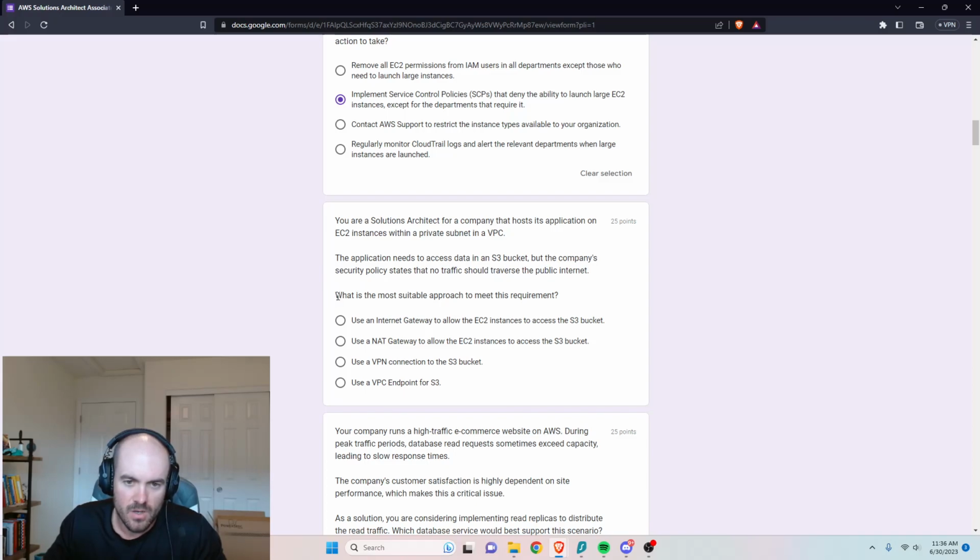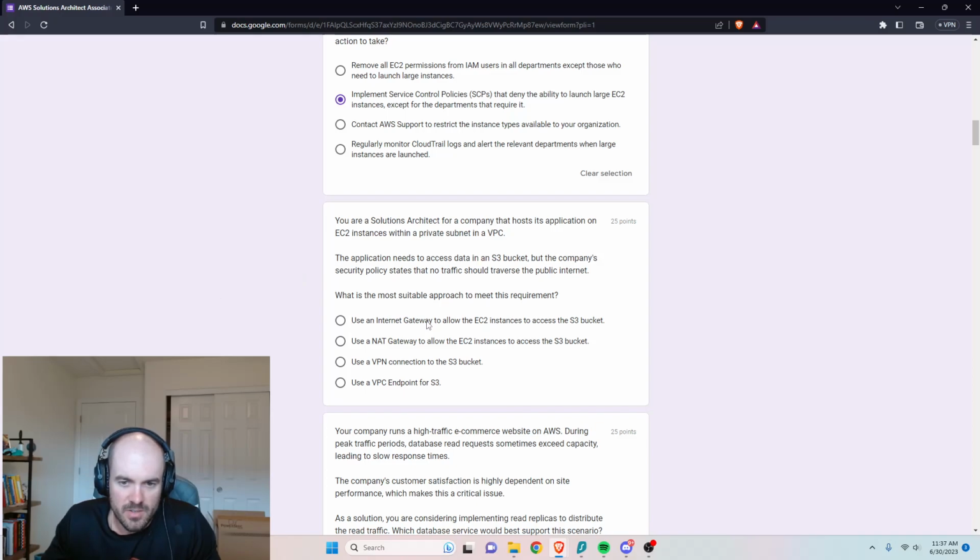What is the most suitable approach to meet this requirement? All right, so let's actually read that again. So application on EC2, private subnet. We need to access S3, but we shouldn't go over the public internet, and the most suitable approach.